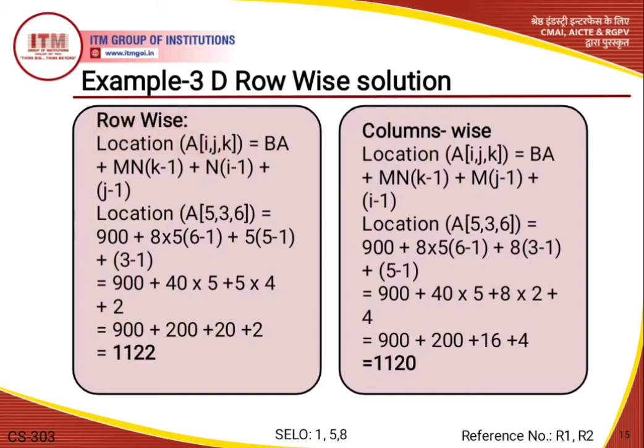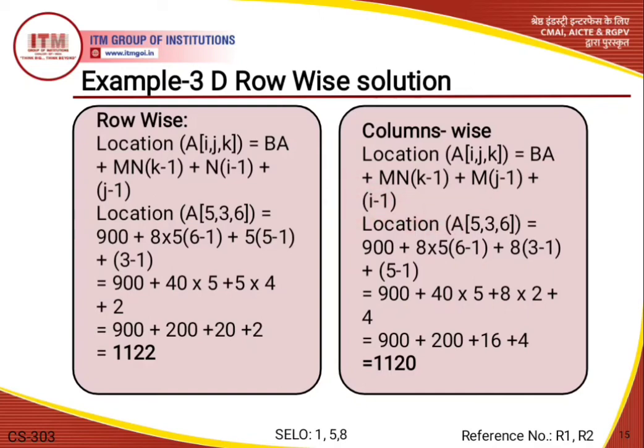as row-wise is 1122, and then we calculate the column-wise address. The formula is A[i][j][k] is equal to BA plus MN(K minus 1) plus M(J minus 1) plus (I minus 1).